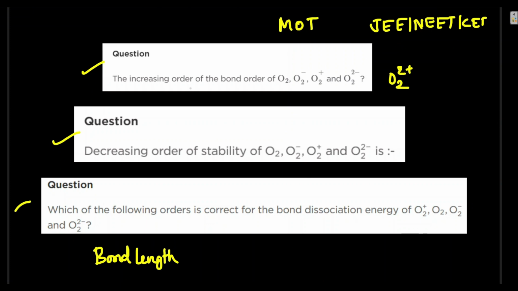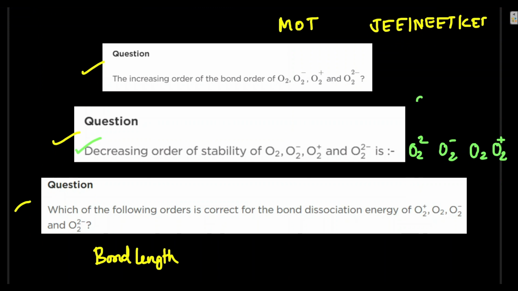Okay, let's see. Increasing order of the bond order of this, we have already written in the previous slide. Next one, decreasing order of stability. So first what you will do, O2 2 minus, you will write in the order, then O2 minus, then O2, then O2 plus. As you go from left to right, bond order increases, means stability also increases, but they have asked for decreasing order, means you have to come back.